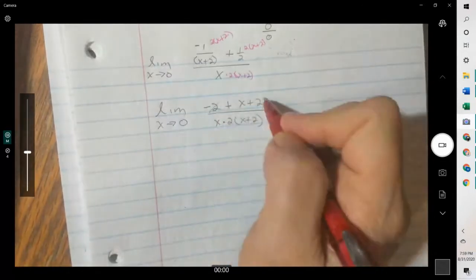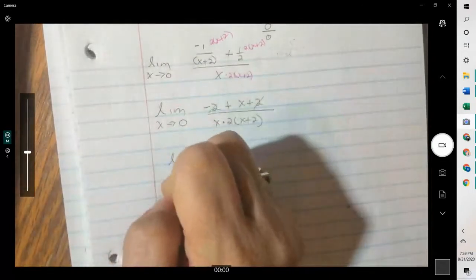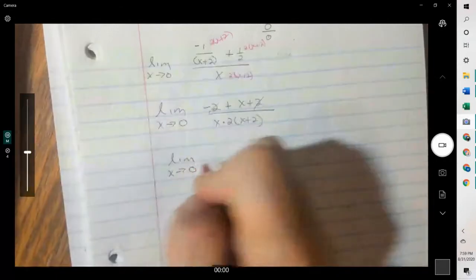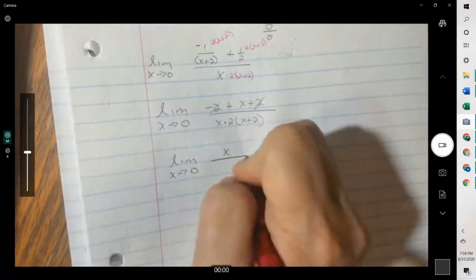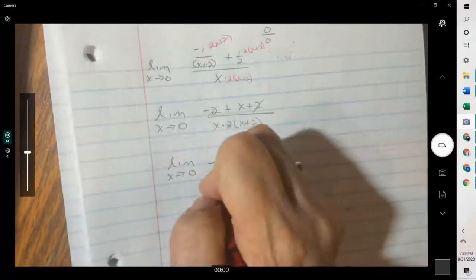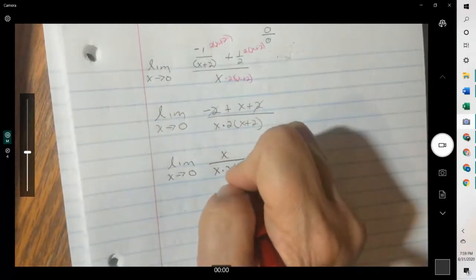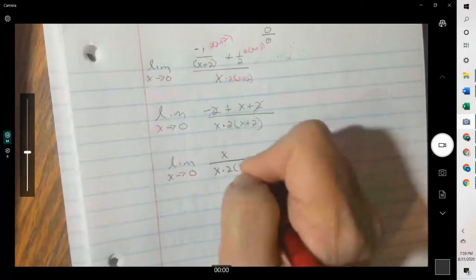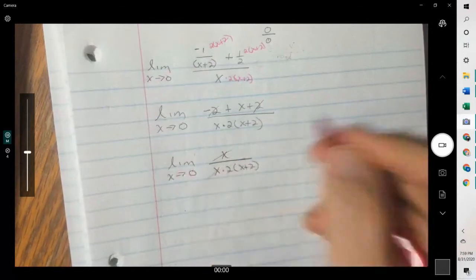Then the 2's cancel, and we're left with the limit as x approaches 0 of x over x times 2 times x plus 2. Notice then the x's cancel.